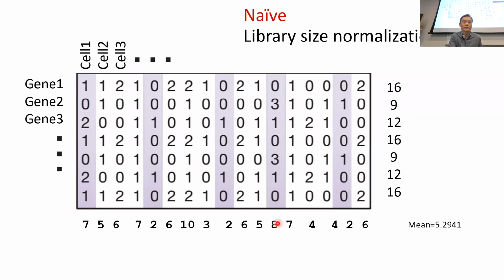Assume you have this. So what kind of factors can have impact on these summaries? Why does this gene have a total of 10 reads or UMIs, and this gene only 2, in this cell?